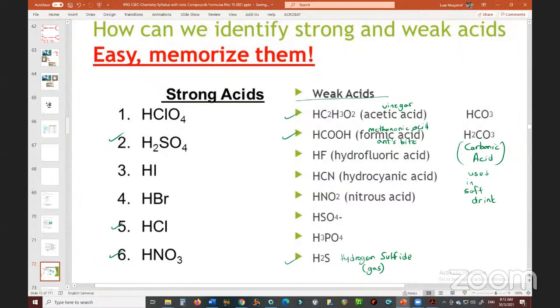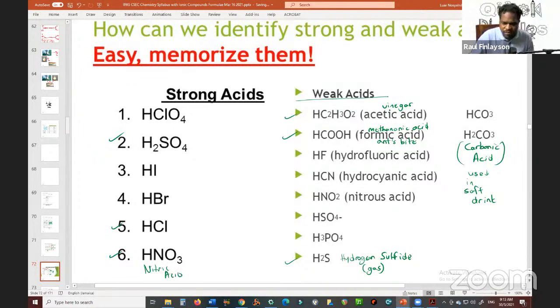Sir, for the nitric acid, what would happen if it came in contact with the skin? That's a good question. Out of all of these acids I'm seeing here, nitric acid would do the most damage. It's definitely going to react with the skin.